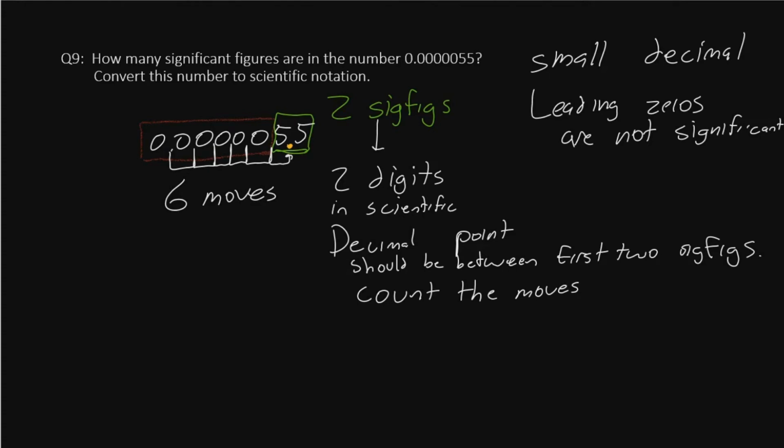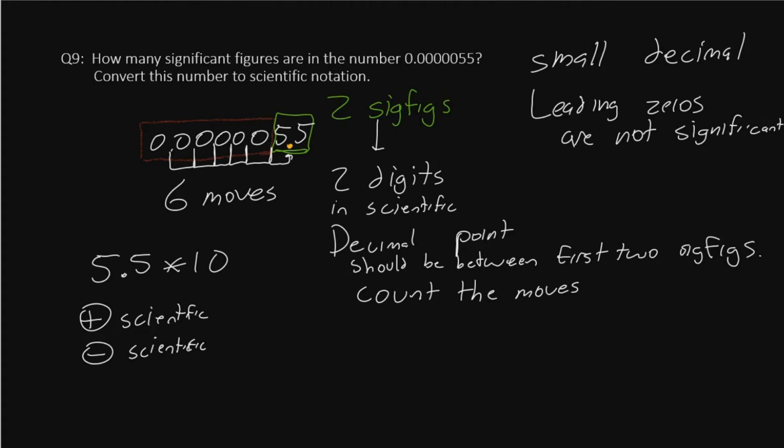So to express this in scientific notation, we would say 5.5 times 10 raised to something. Now we have to ask ourselves, is this positive scientific notation or negative?